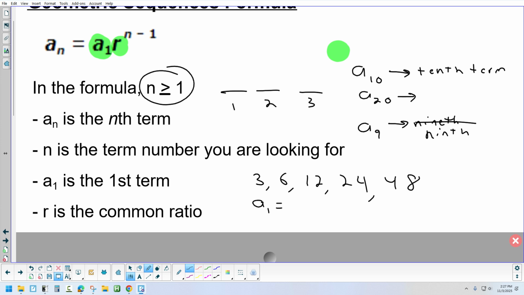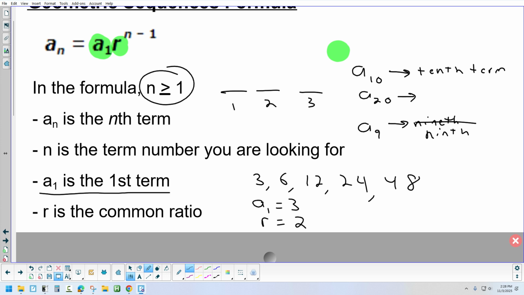So right now, I'm just looking for the first term in that list. Oh, 3. Yeah, first term is 3. And now R is what you multiply by each time. What are we multiplying by each time to get from one to the next? 2. Yeah, we're multiplying by 2.